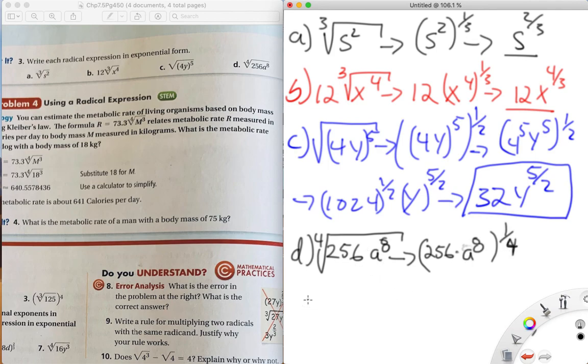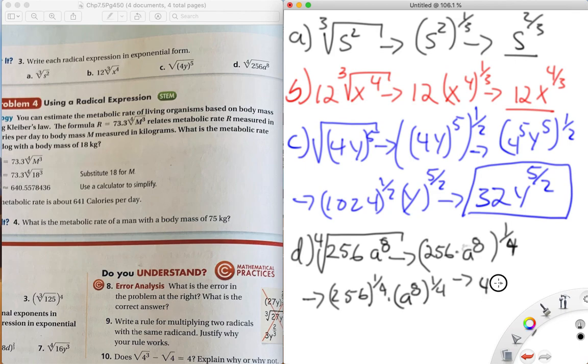So then that's going to be 256 to the 1/4 times a to the 8 also to the 1/4. 256 to the 1/4 power, the number that I multiply 4 times is 4.